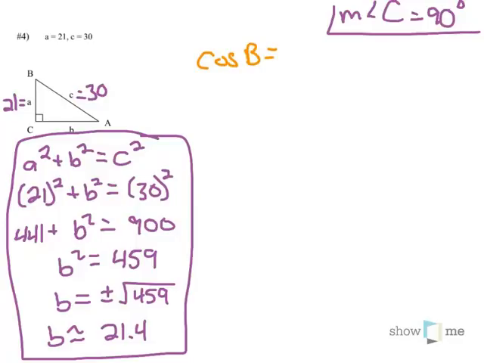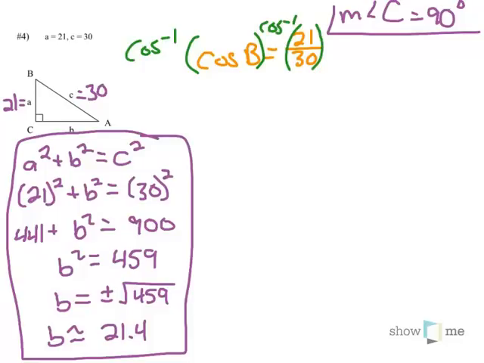Right now we are trying to get B by itself. B is attached to cosine. To unattach it, you must do cosine inverse. If you do it to one side of the equation, you got to do it to the other. On the left, since you have inverse operations, cosine and cosine inverse cancel.